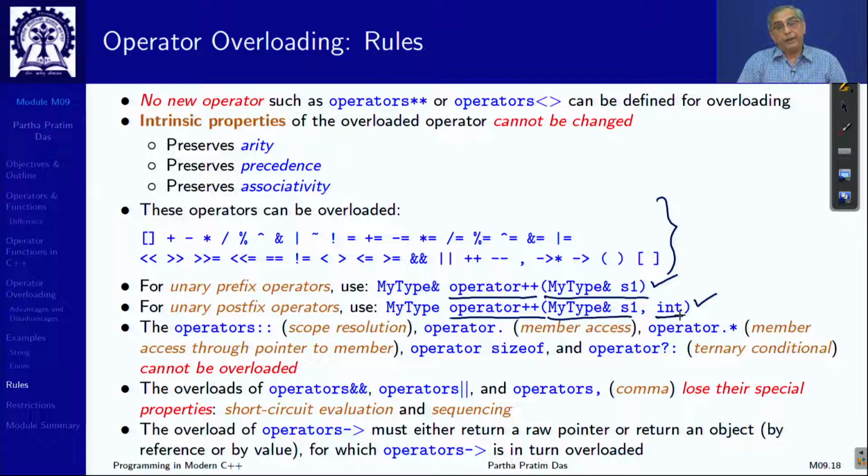And then some operators you can overload, but if you overload them, their intrinsic, extended semantics will change. What does that mean? Suppose you think about 2 Boolean expressions which you are ANDing. Now, if you are trying to AND, then it does a shortcut evaluation.